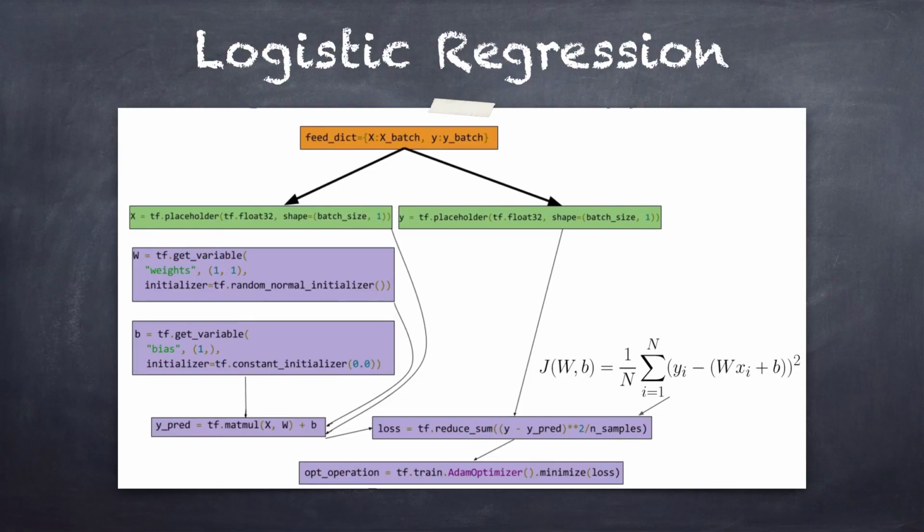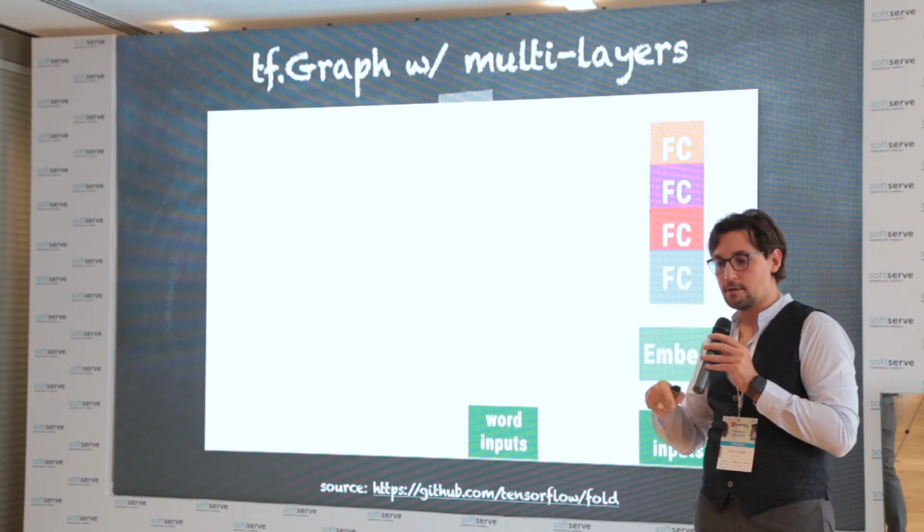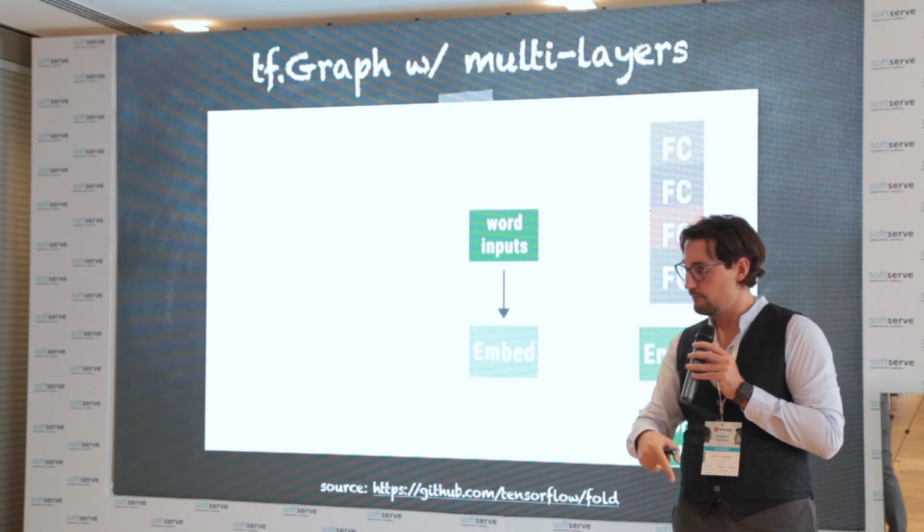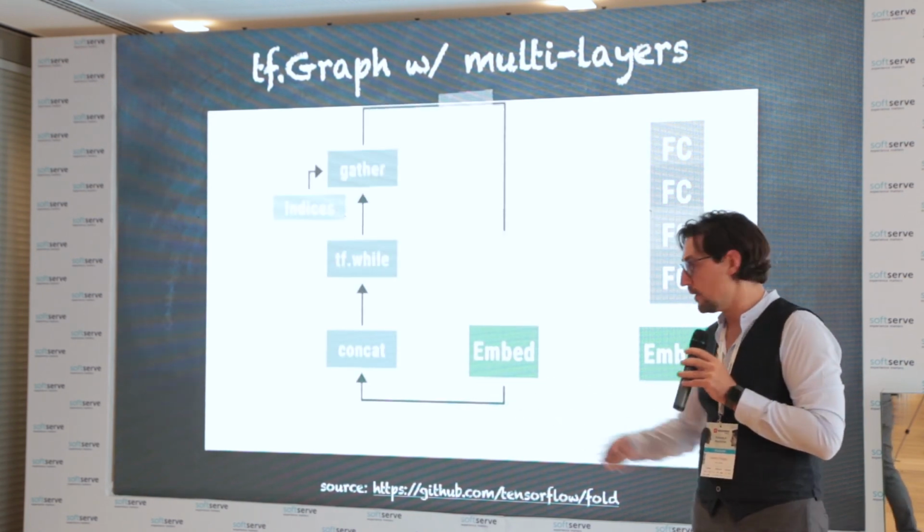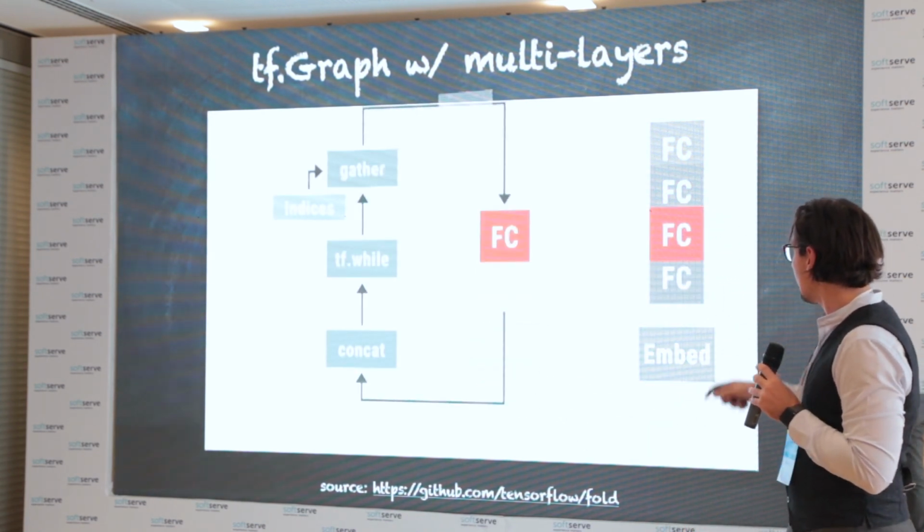But if you want to implement a multi-layer network, basically you have to repeat this set of operations for each layer, and the graph is in charge of taking the connections from one layer to the next one, and so repeating every single process here.